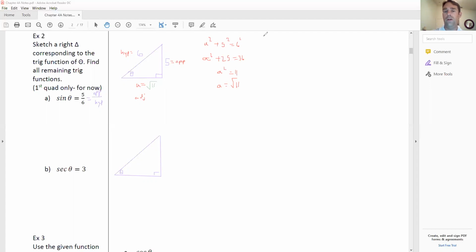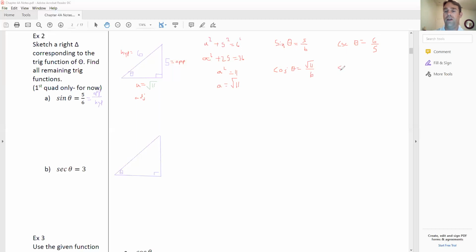So now we're ready to go ahead and figure out what all the trig values are. Sine theta, opposite over hypotenuse, which means then that cosecant of theta, one of these new ones we learned, is the reciprocal of that. So that would be 6 over 5. And so your cosine of theta, that would be root 11 over 6.